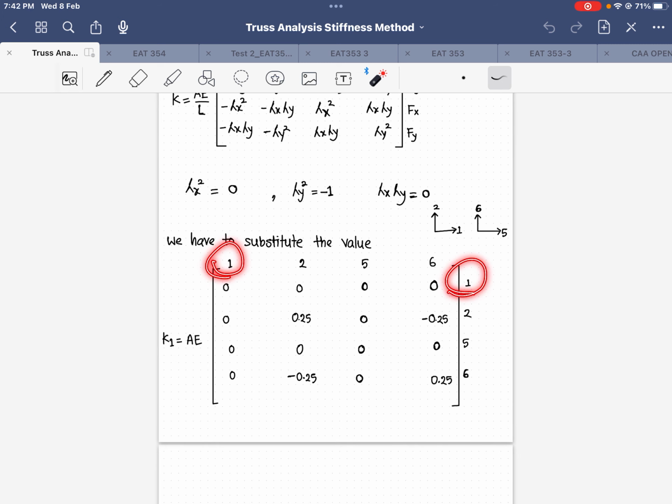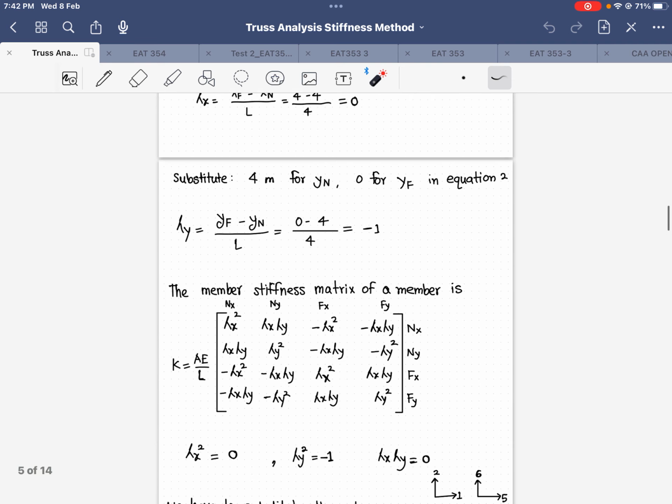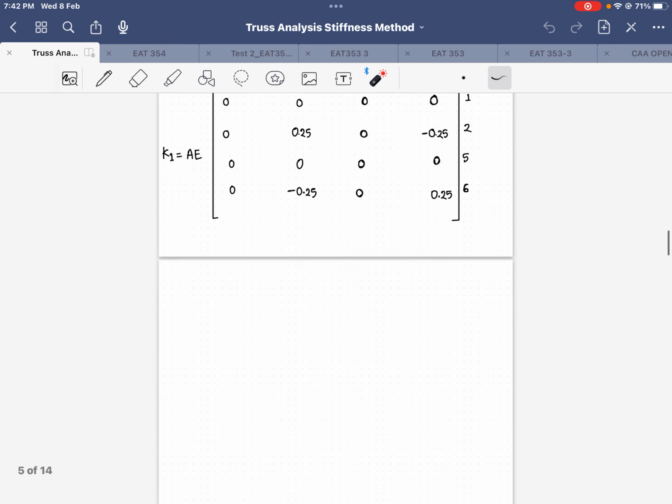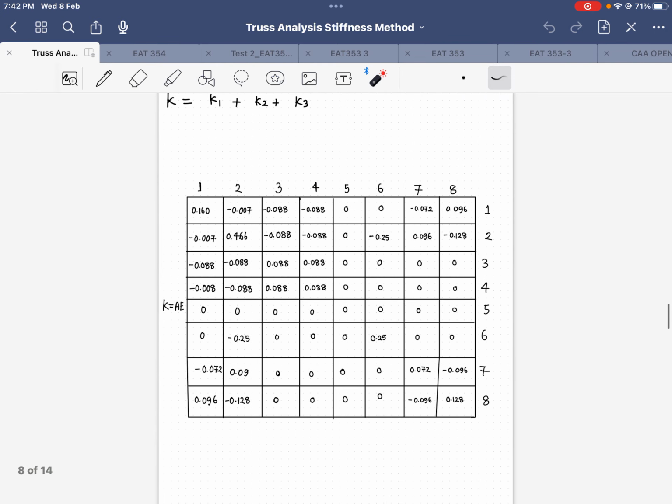Yes, 1 and 1, and the value is 0, so I put 0, then plus. For the first member I also have 1 and 1, so it is 0.088. So I add 0.088 and I get 0.16. So I write 0.16. In this way I can do the matrix addition.